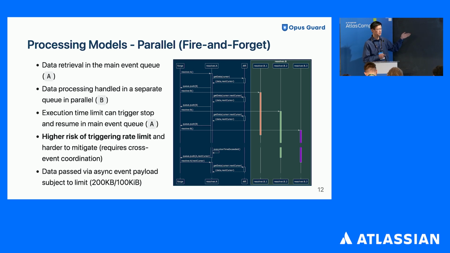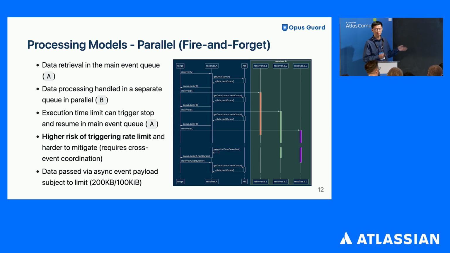And this is a parallel model. Because the Forge platform allows you to throw out, if I remember the number correctly, 500 events per minute, that means you can spin off many threads to do the data processing. So this allows you to do parallel processing at a higher throughput.